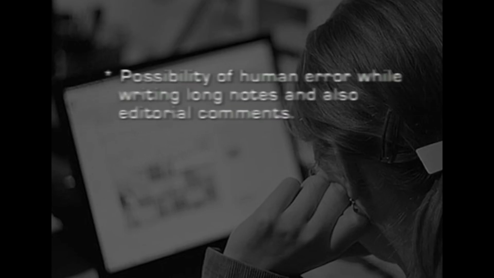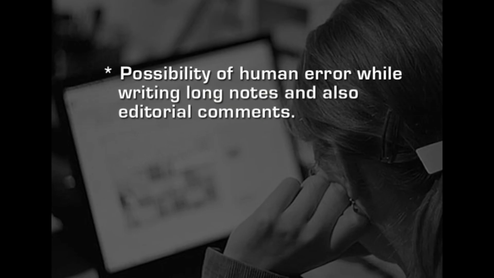Another important aspect is the possibility of human error while writing long notes and also editorial comments. Therefore, while using internet sources, the authenticity must be confirmed first. Then after that, one must also cross check the other standard resources before coming to a particular conclusion.